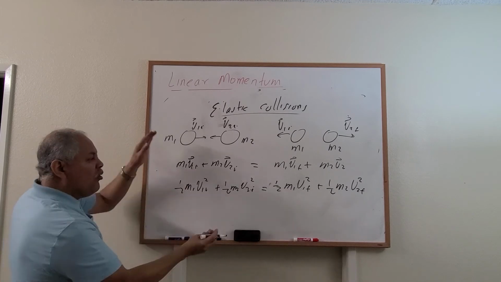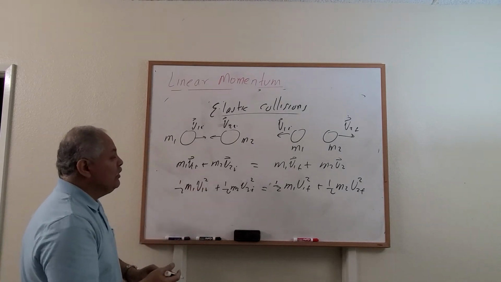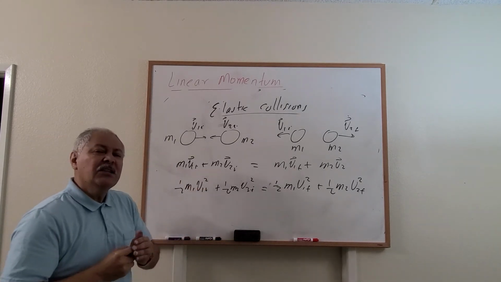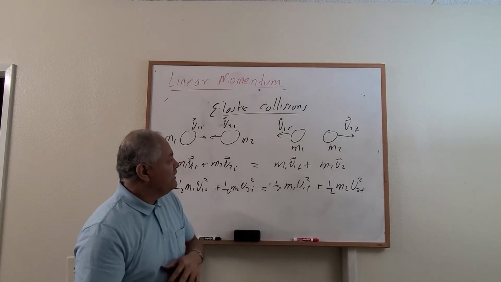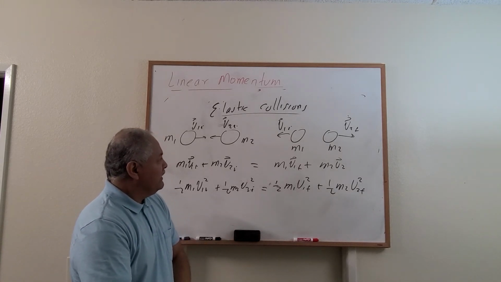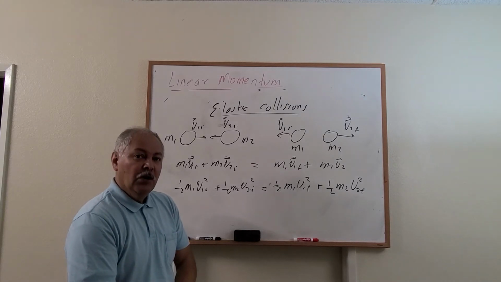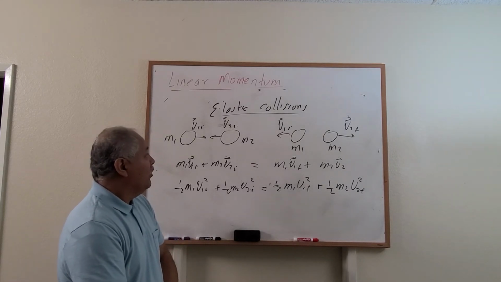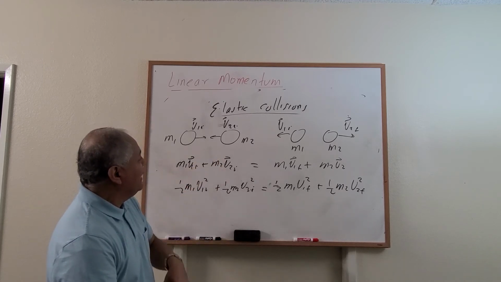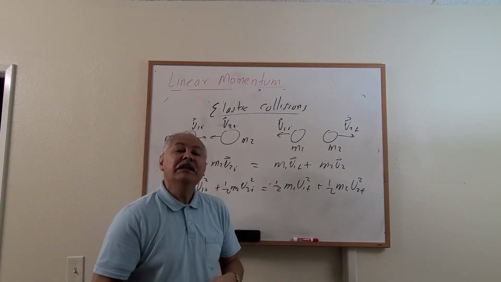When we combine these two equations, we create a set of equations that give us the final velocities after the impact once we know the initial velocities.